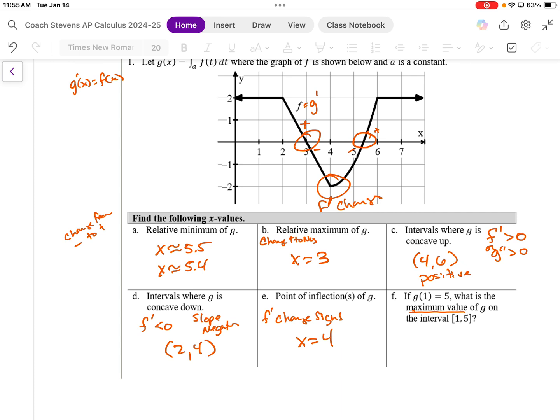At 3, right? Didn't we say the maximum was at 3? So we have our interval from 1 to 3 of our function. Now, there is an initial amount. What did they say g of 1 was? 5. So then we technically have a 5 plus, since we know the amount up until 1 is 5.